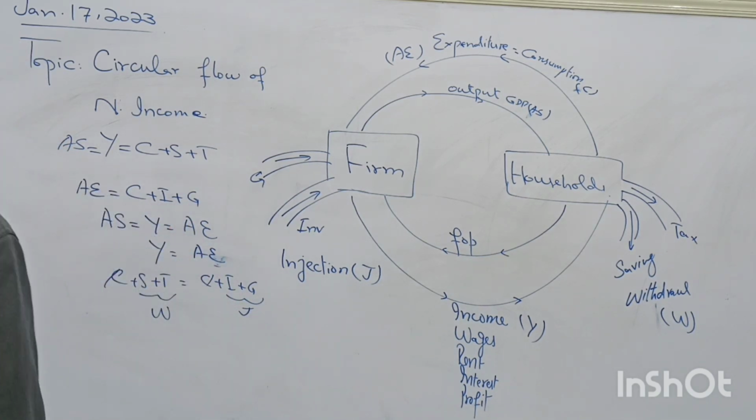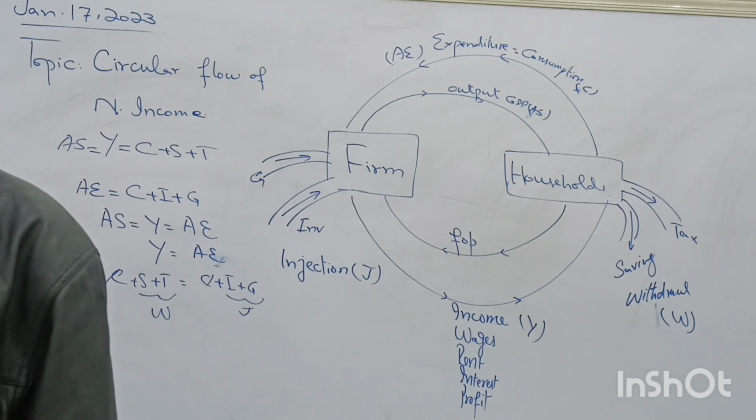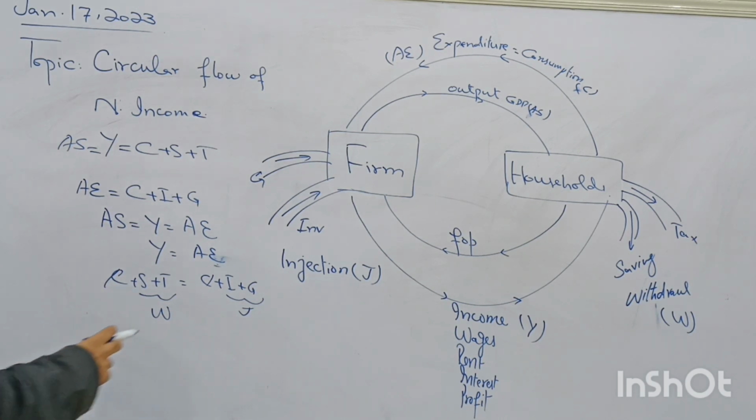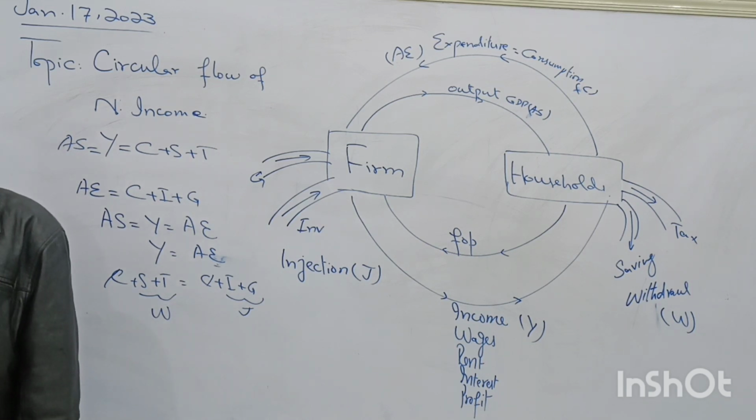When taxes are more than government spending, there will be a budget surplus, and due to that budget surplus, economic activities will slow down and national income will decrease. Clear? So when government spending is more than taxes, there will be a budget deficit.